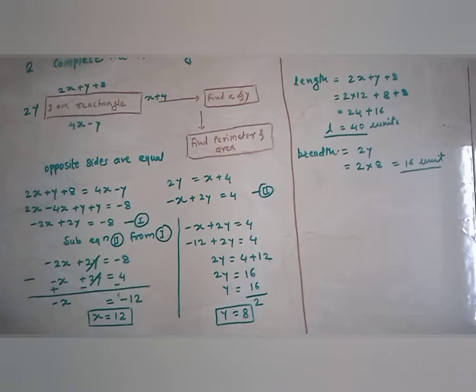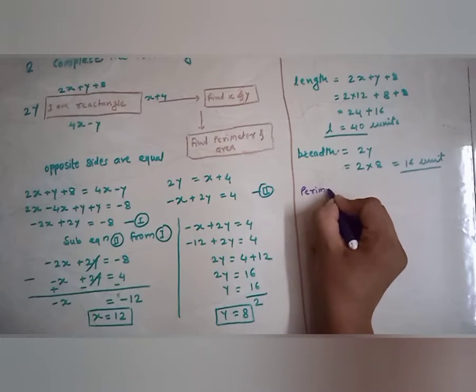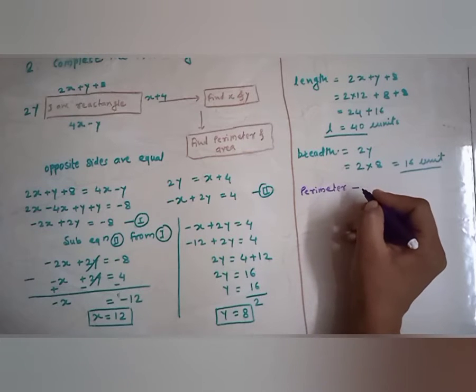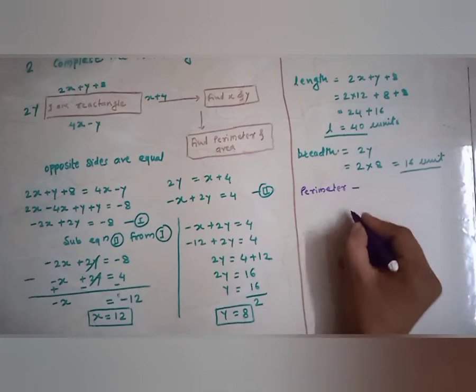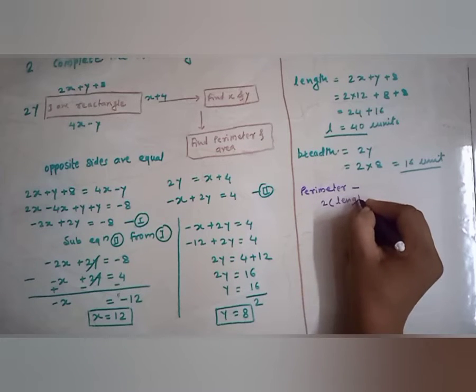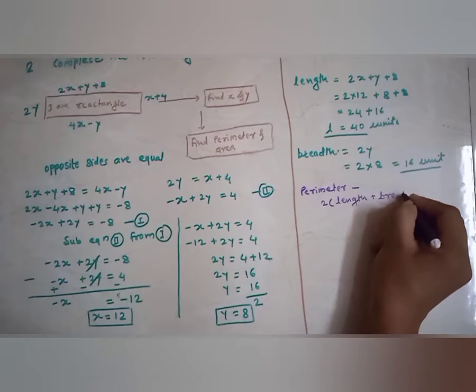The formula for perimeter is right here: perimeter is equal to 2 into length plus breadth.